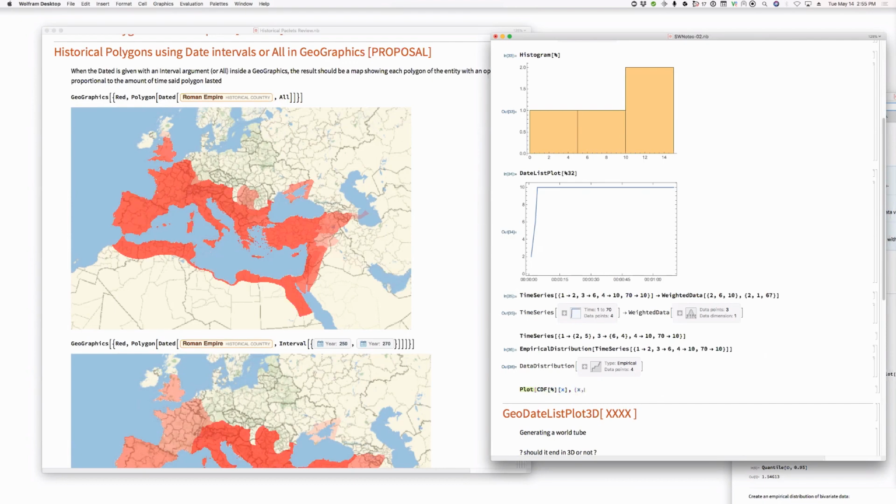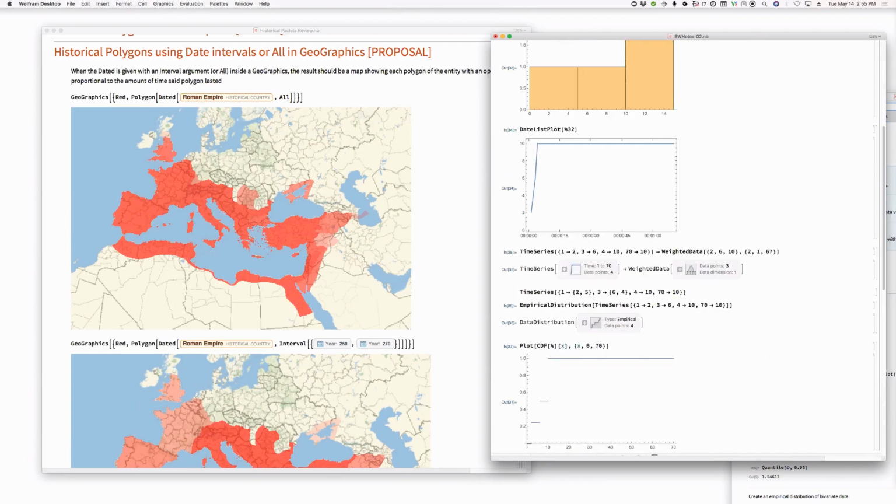And X goes, say, from 0 to 70. Okay. I think that's more or less what we want, isn't it? Okay, well, that's very good.